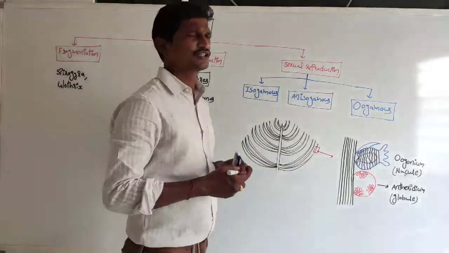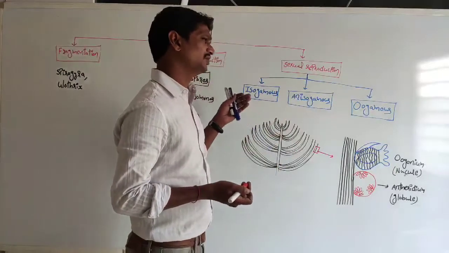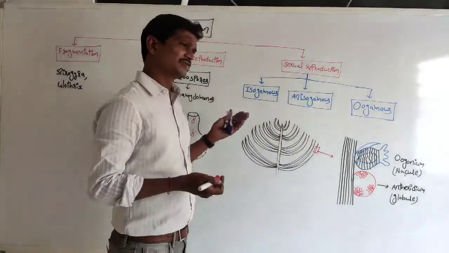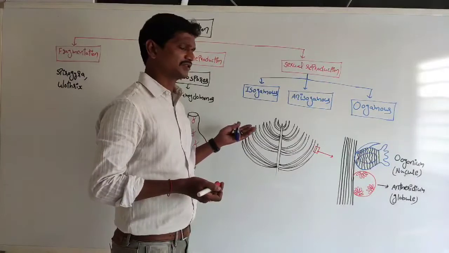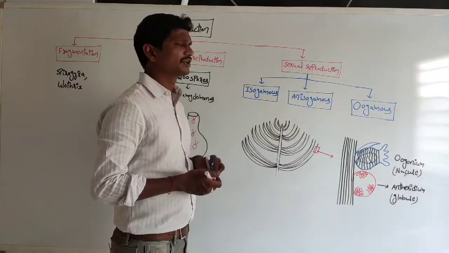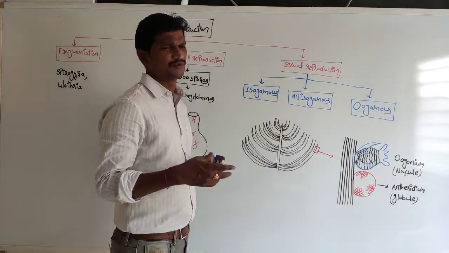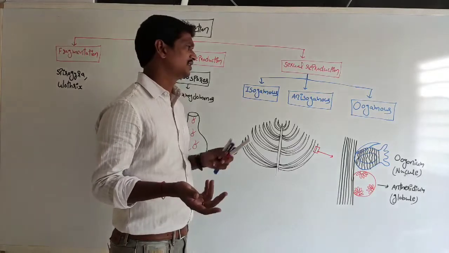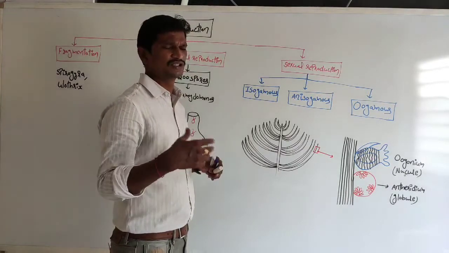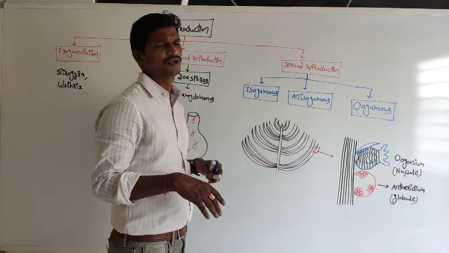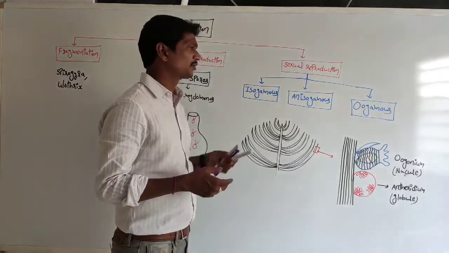And coming to the sexual reproduction process, which was also discussed in the last class. Isogamous, equal in size, maybe both are motile or non-motile. Anisogamous, one is large and the other is small, maybe both are motile or non-motile.